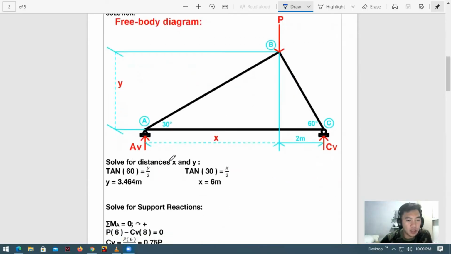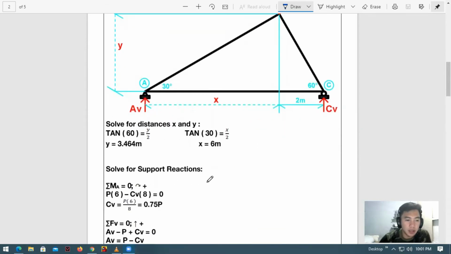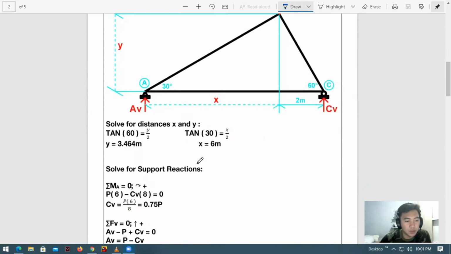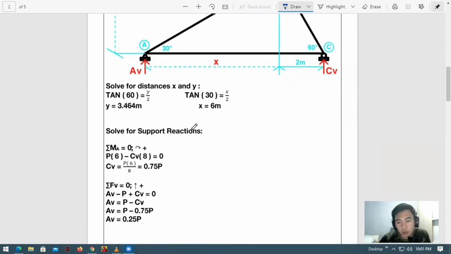Solving for the distances x and y, tan 60 equals y over 2, so y is 3.464 meters, while tan 30 equals x over 2, so x is 6 meters. Now that we have the lever arms of each unknown, we can solve the support reactions.